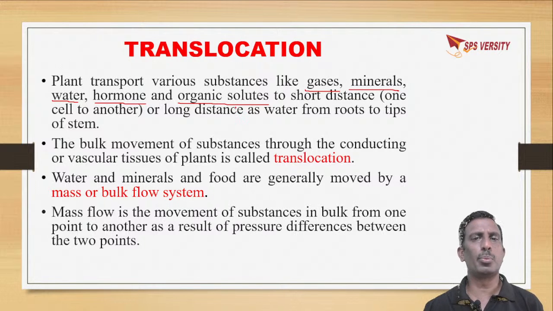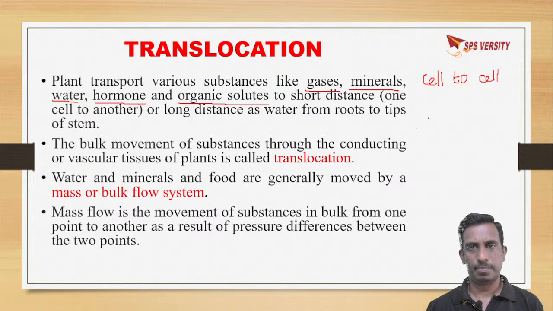And this transport may be short distance or long distance. Short distance means from one cell to another cell, whereas long distance means from roots to stem or roots to leaves.